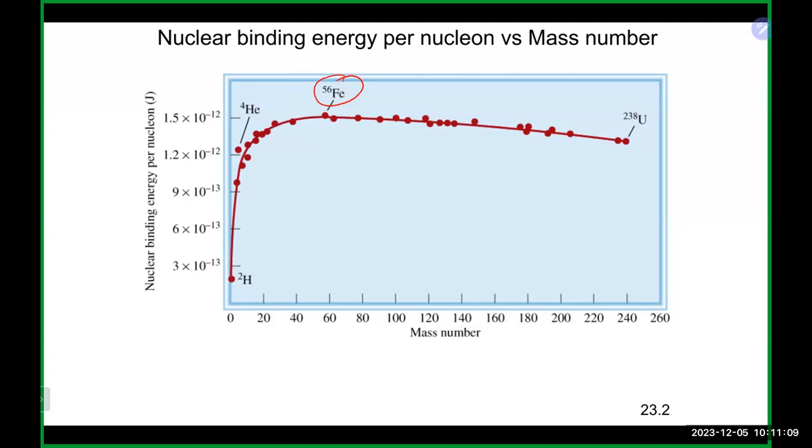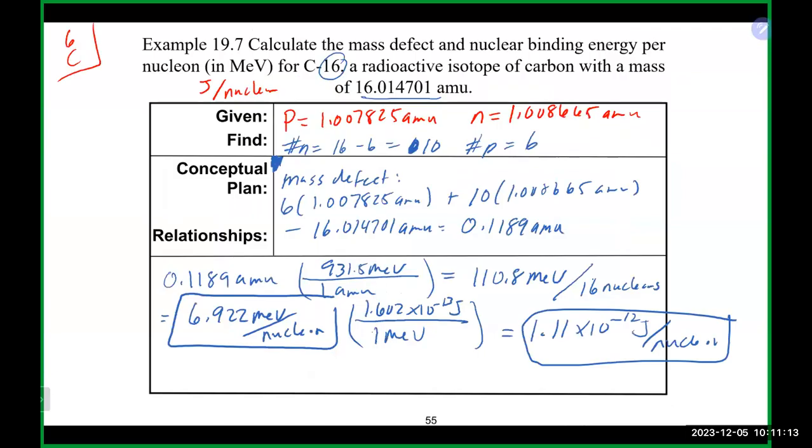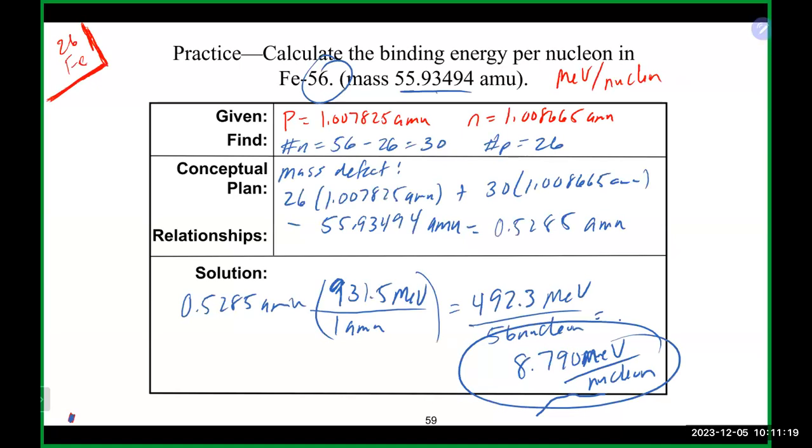You can use Einstein's equation on either of these if you wanted to. So for example, the one we just did, you could have taken this and gone into E equals mc squared, and you would do 0.5285 AMU and our 3 times 10 to the 8 meters per second, squared.